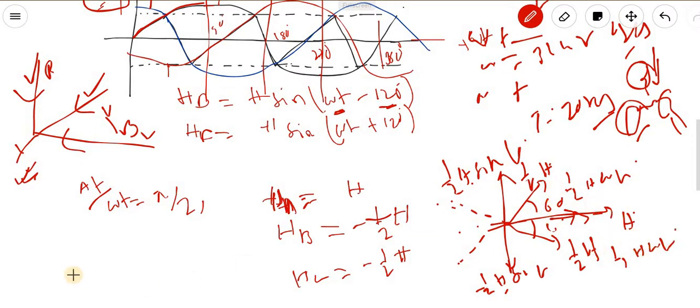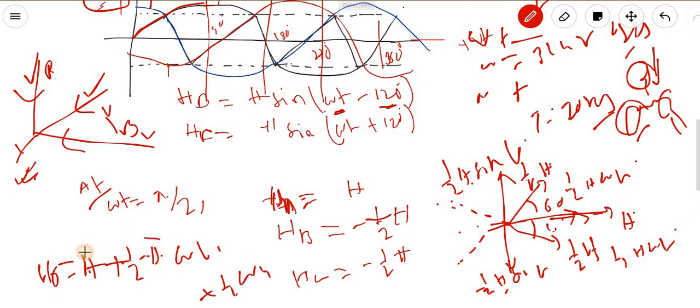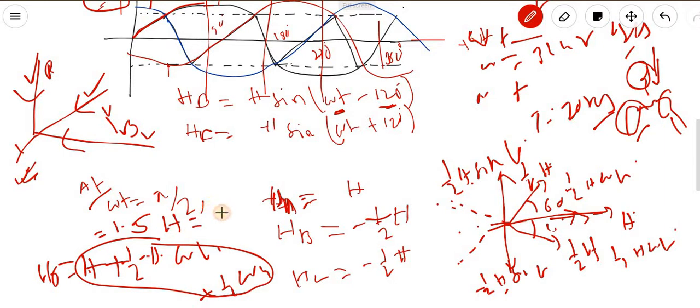So total how much resultant for this? H plus half H cos 60 degrees plus half H cos 60 degrees, and hence we will be getting 1.5 H, that means 3 by 2 H. Clear?